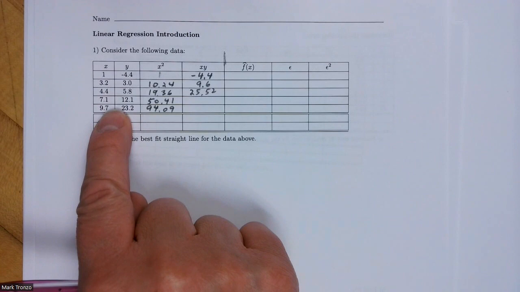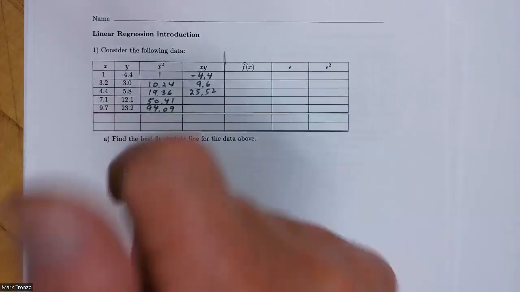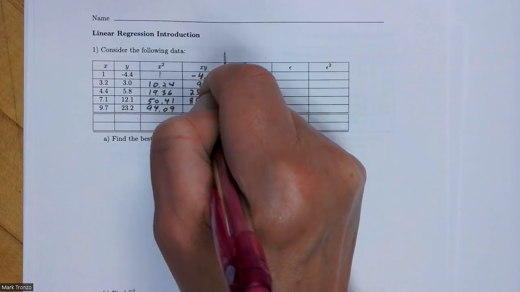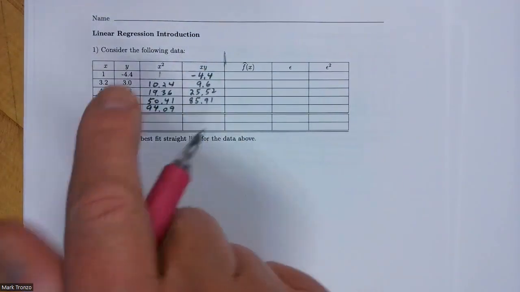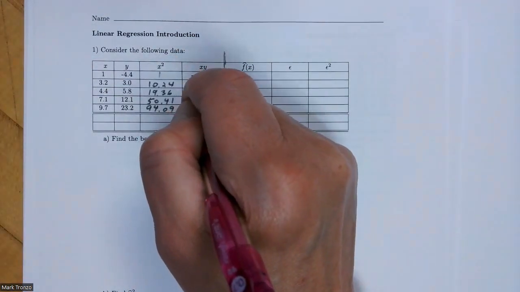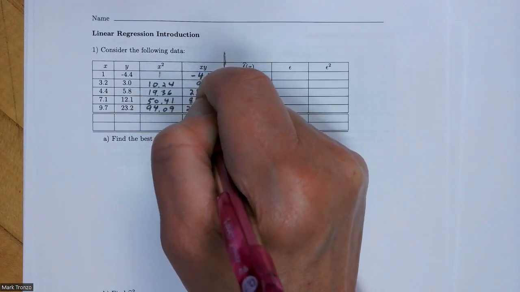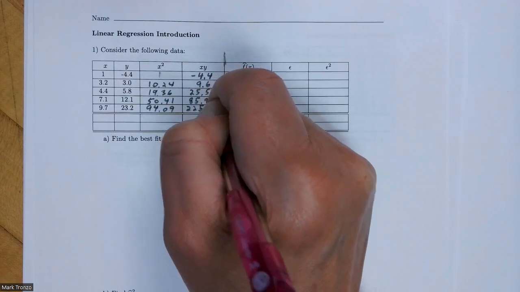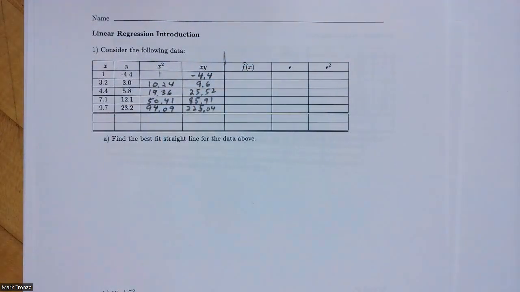These two will be 85.91. And these two will be 225.04 when you multiply those two together.